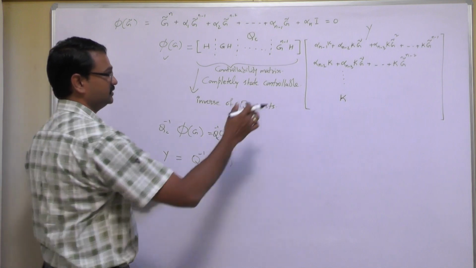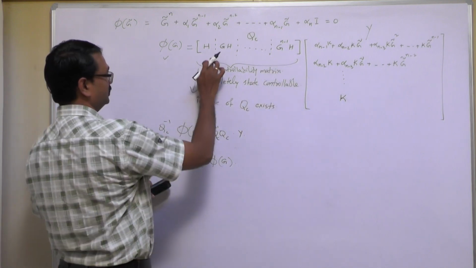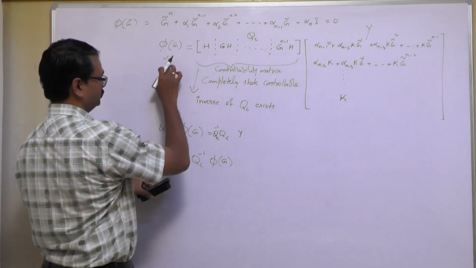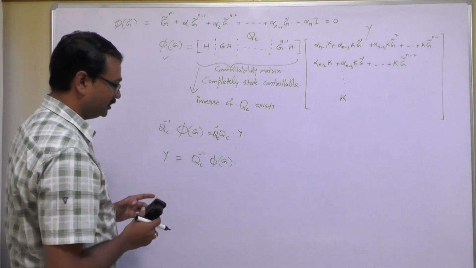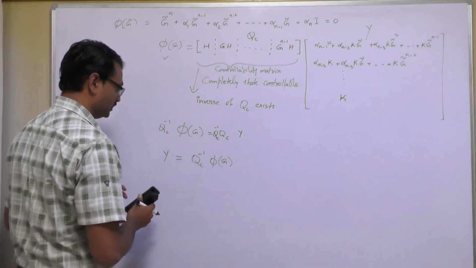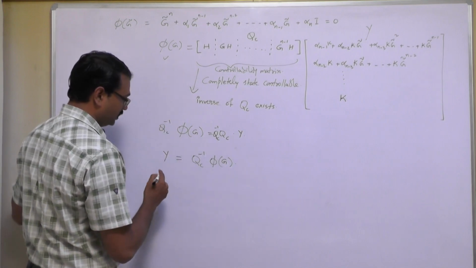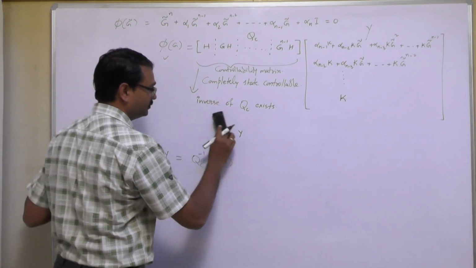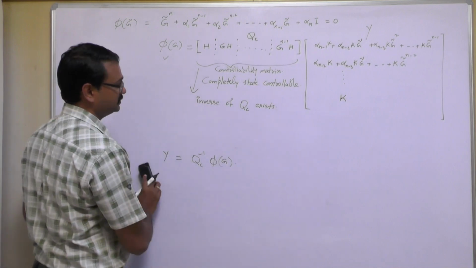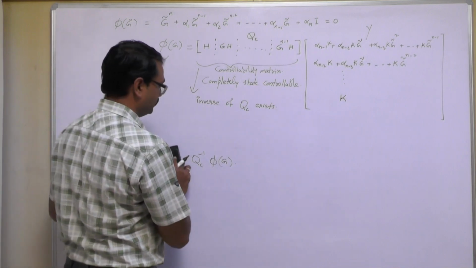Now what is Y for us? That matrix. QC inverse is this inverse and phi G is this one. Okay, phi G is obtained from the initial system, the original system. Now if I replace this, Y is that matrix.